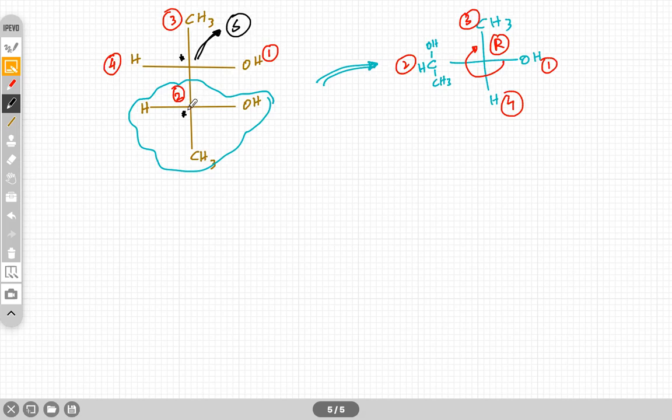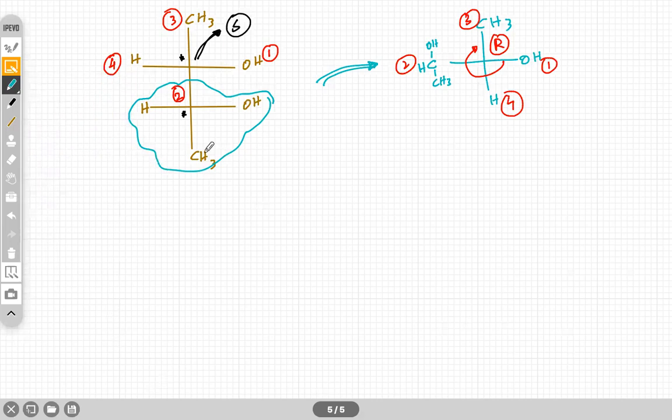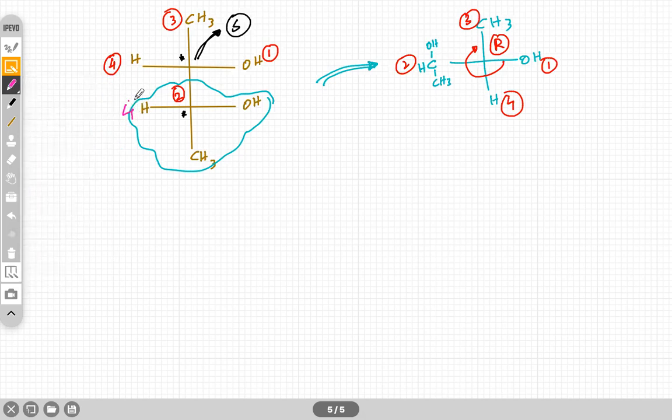Now, if you talk about this one, obviously I'll do this one here. I'll change the color so that you can understand this. This green one. So here it is fourth. For the lower carbon, this is 4, this is 1, this is third, and this is second.